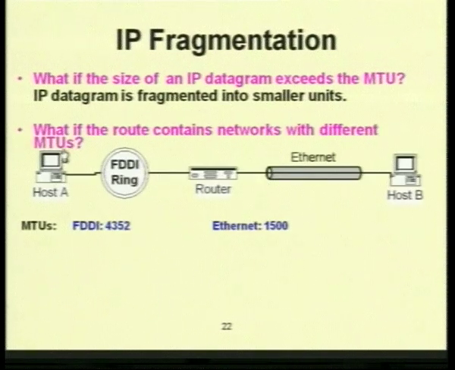Now the question is, what if the router connects networks with different MTUs? Okay, for instance, from host A to host B, I am going first through an FDDI network, which has an MTU of 4352 bytes.